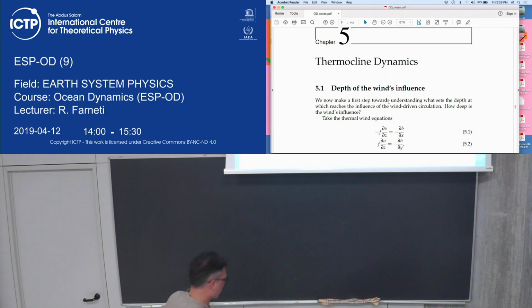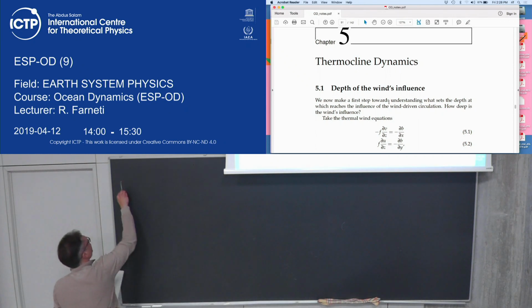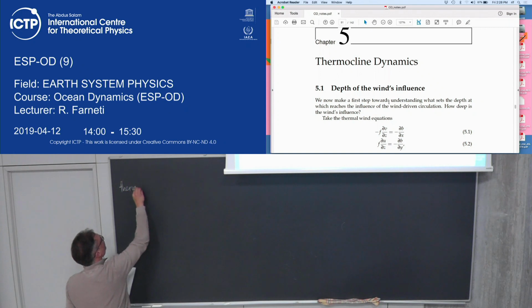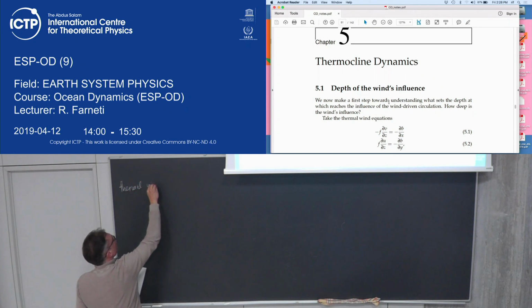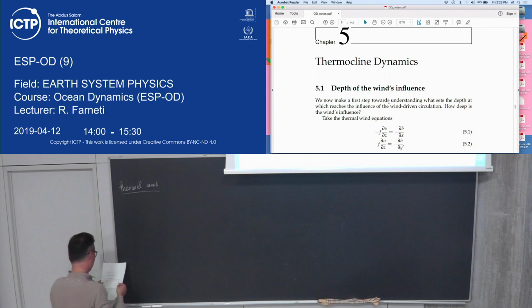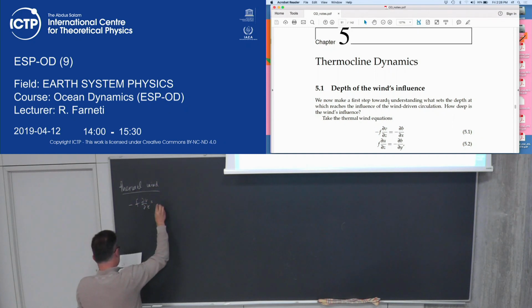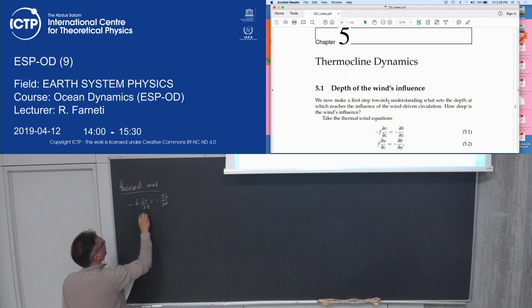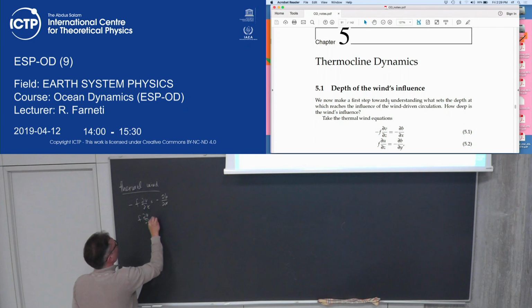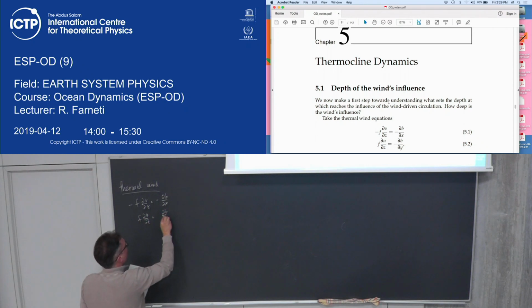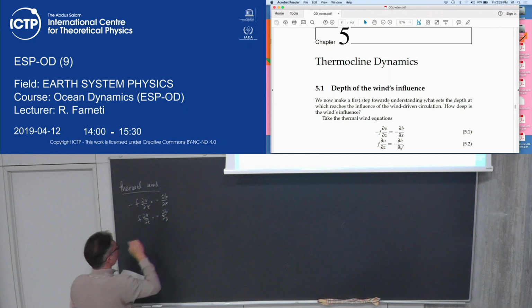So we can start with the thermal wind equations that you know. B is buoyancy, which is minus g rho prime over rho naught.